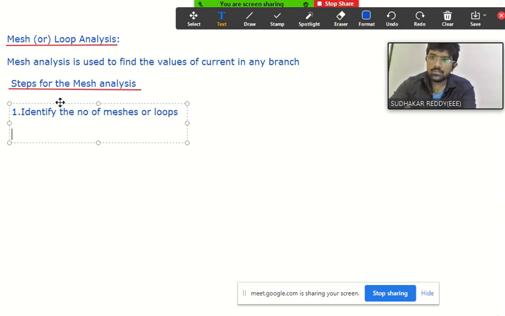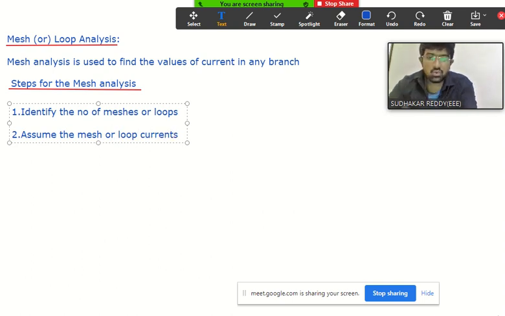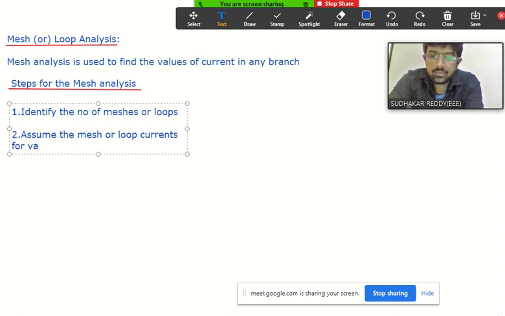What is the second step? After identifying the number of meshes, assume the mesh or loop currents. It is purely an assumption. Assume the mesh or loop currents for various loops.